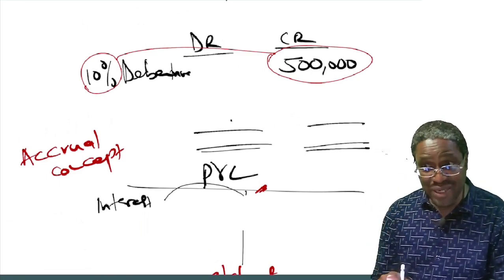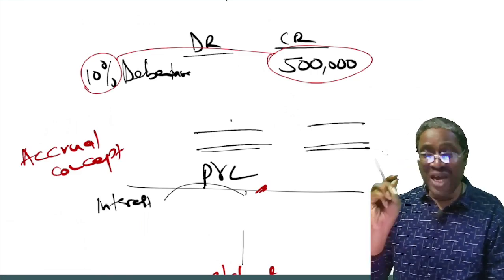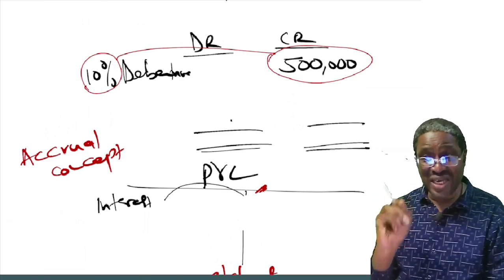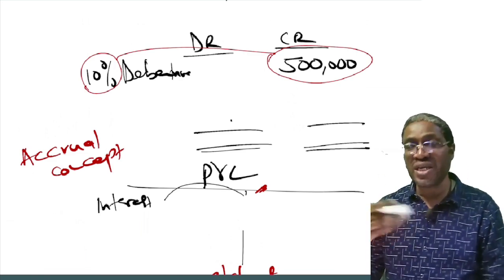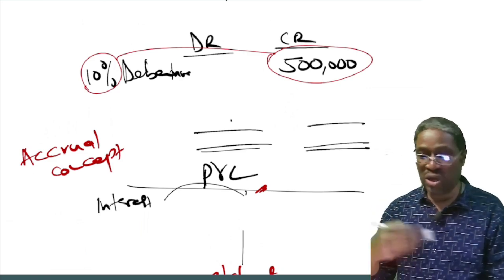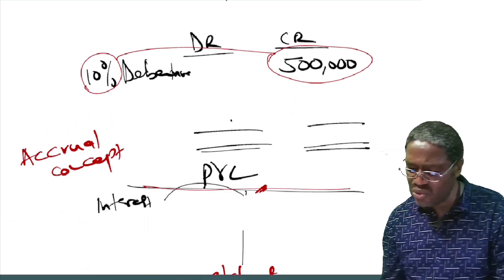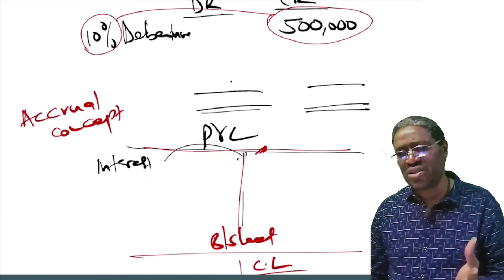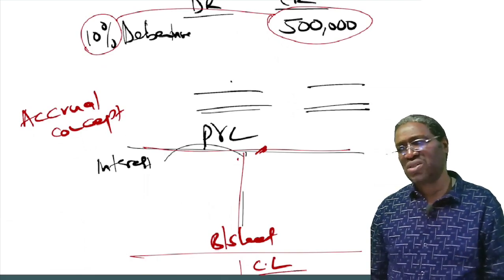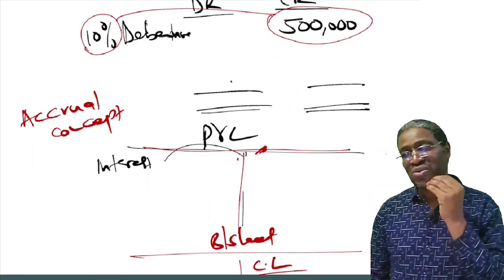You have a 10% debenture in the trial balance amounting to 500. From that trial balance, there is nothing like interest. Then the examiner tells you, prepare an income statement or a P&L. So the question is, in that P&L account that you were preparing, were you still charging interest? Yes or no? That's what I want to see.